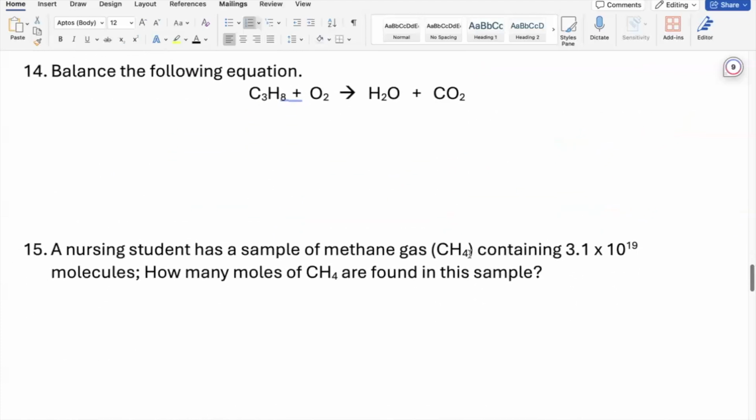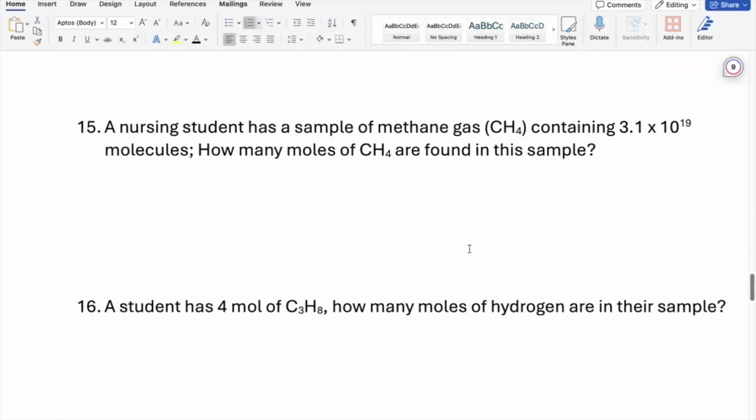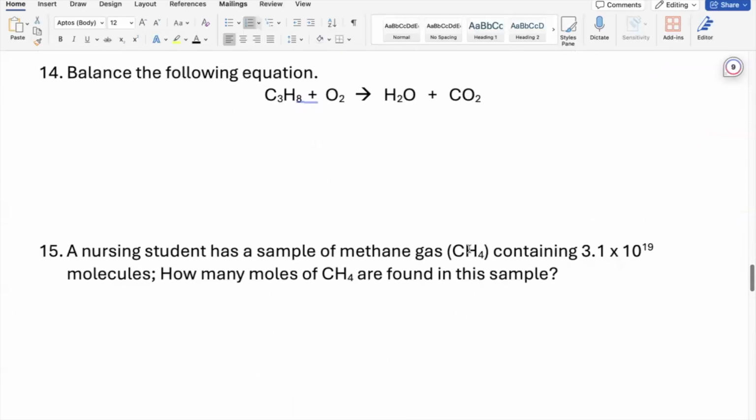All right, so 14 is balancing an equation. How I balance my equations, I make sure I put a line down where the arrow is, I list all the atoms on one side, and I list them in the exact same order on the other side. Then I do an initial count with tallies.